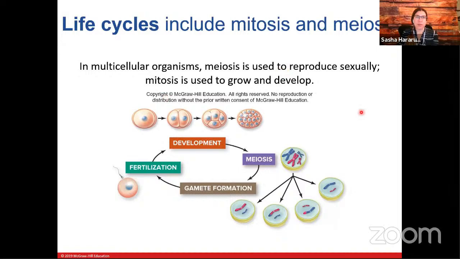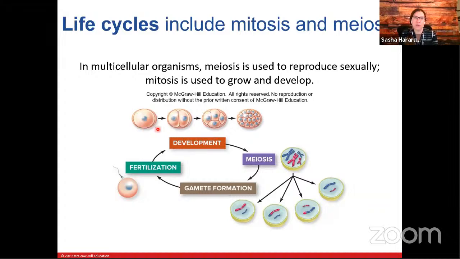All right. So the life cycle of eukaryotes, or organisms that have cells with a true nucleus, includes both mitosis and meiosis. So take a look at this cell here. Let's say this is a zygote. It's a fertilized cell, or the origin cell from which our bodies develop.